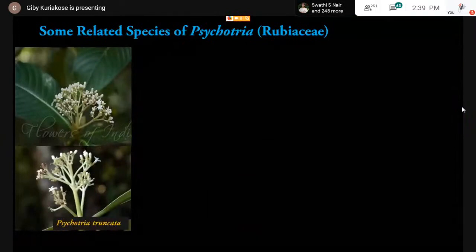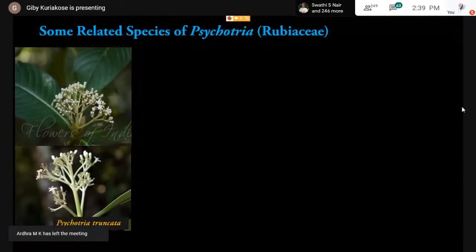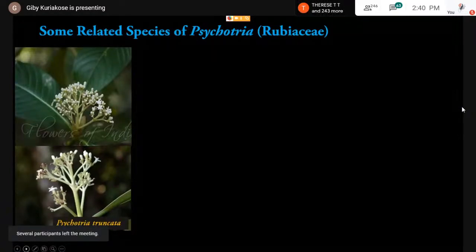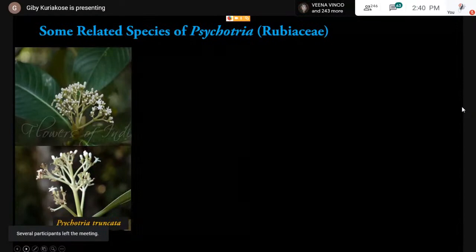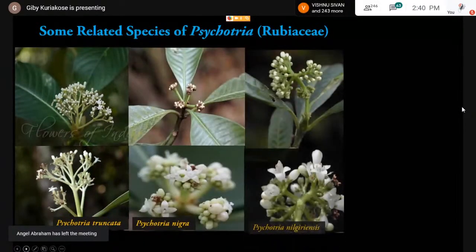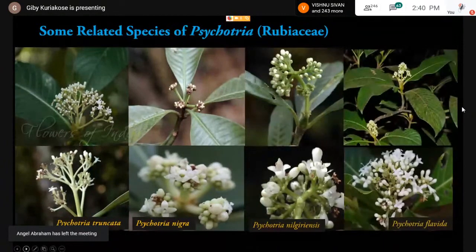Okay, then I'll tell you another genus, which is Psychotria. There are so many species, but I have taken a few very closely related species. Psychotria of Rubiaceae family: Psychotria truncata, Psychotria nigra, Psychotria nilgirensis, Psychotria flavida.